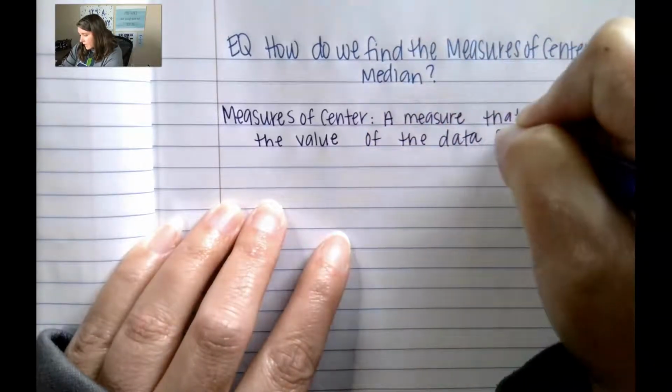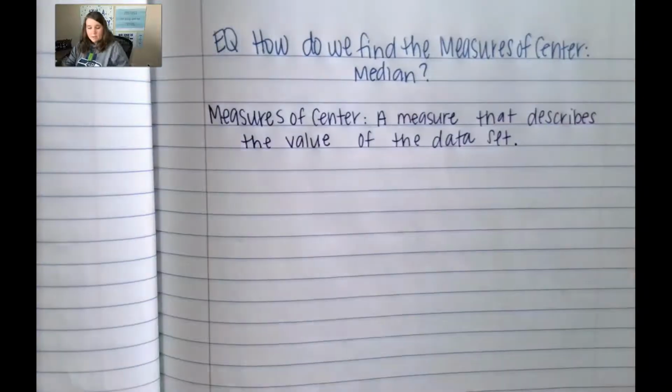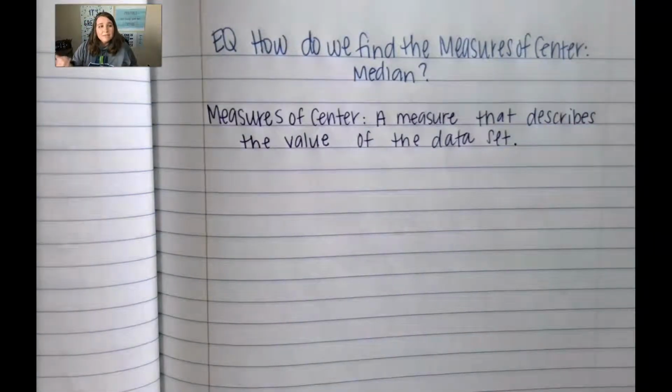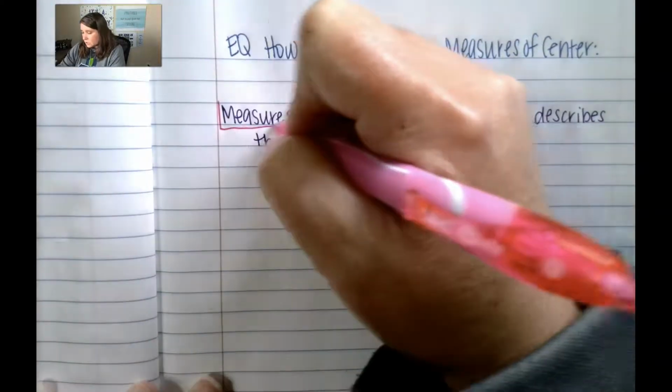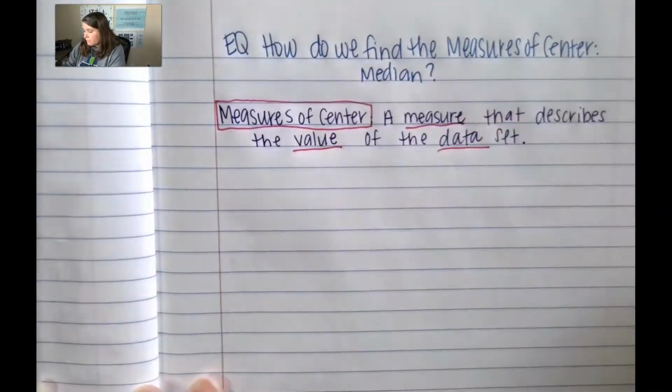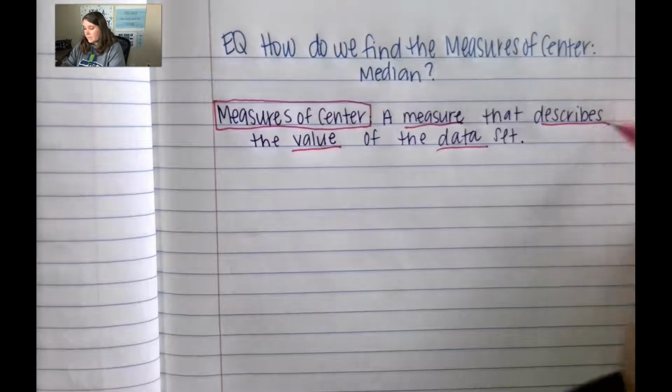So when we're looking at different sets of data, we have different ways and different information that we can pull from each set of data. Well, the measure of center is just a measurement that finds the value of the data or describes it.